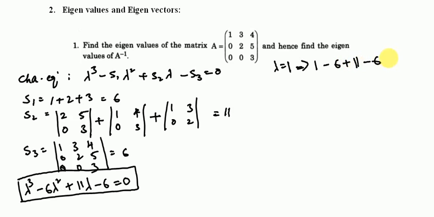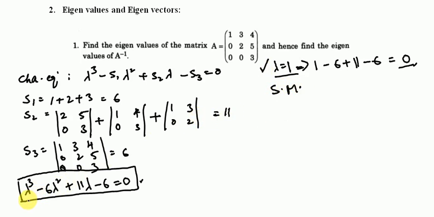Here it gives 1 minus 6 plus 11, that is 12, minus 12, which is 0. So lambda equals 1 satisfies the equation, and we can consider it as one of the roots of this characteristic equation. After this we need to use the synthetic method to find the other roots.